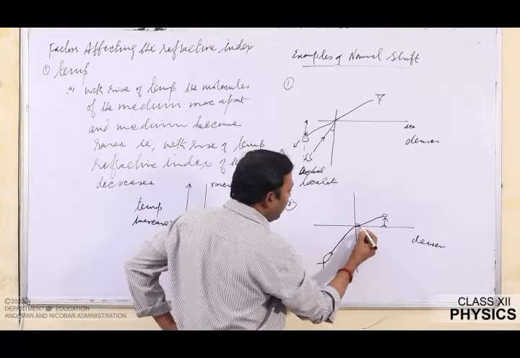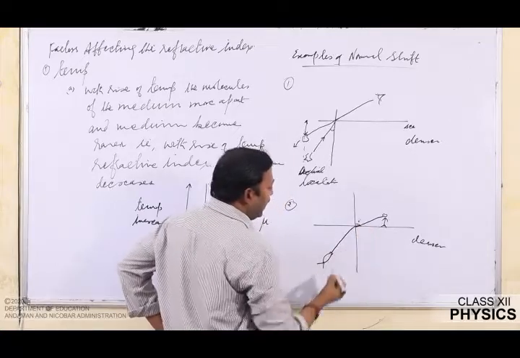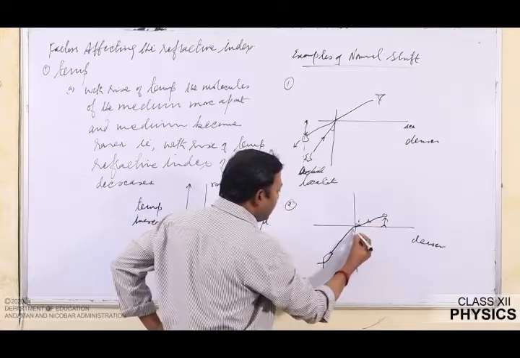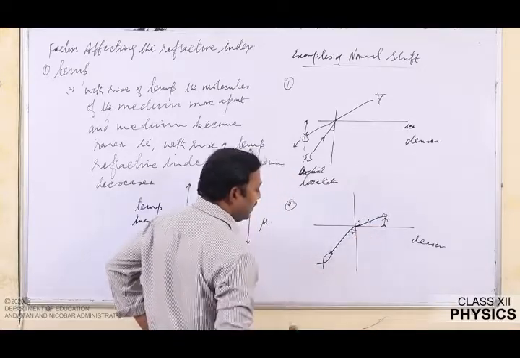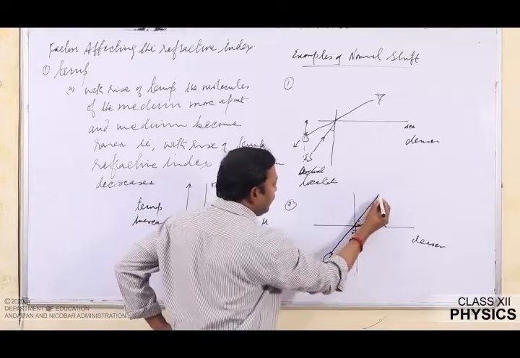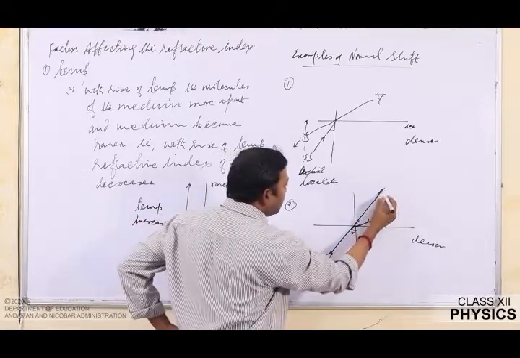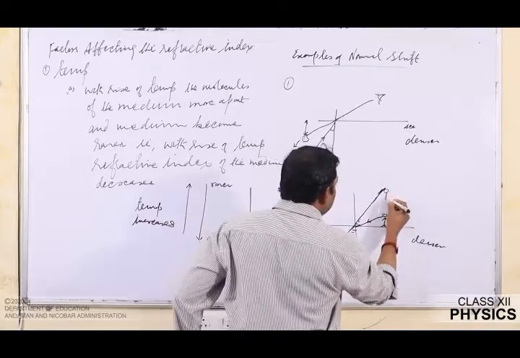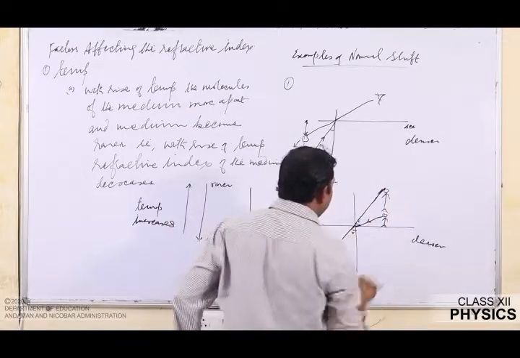Here it makes an angle of incidence i, and after entering into the denser medium, the beam bends towards the normal, making an angle r. For the fish, the line of sight is this one. So, for the fish, the person appears to be somewhat taller than the actual height.